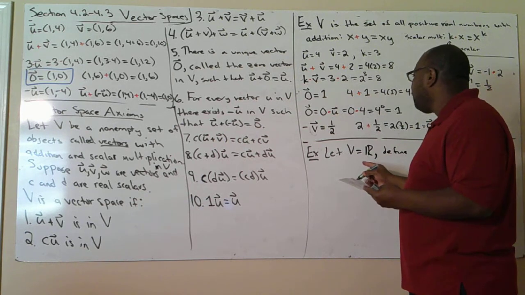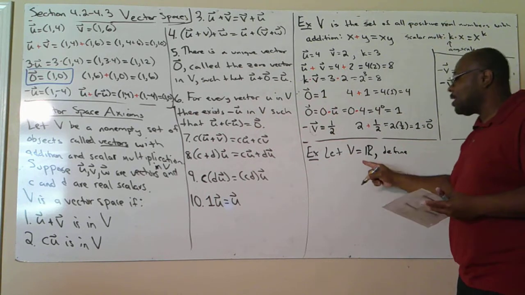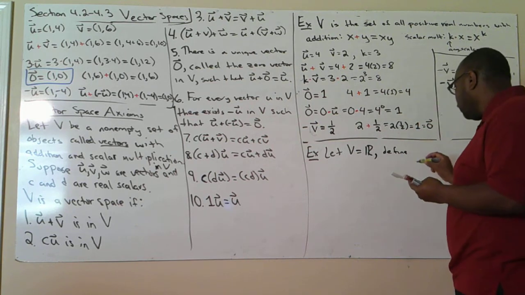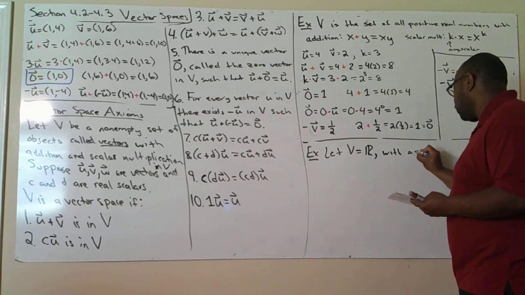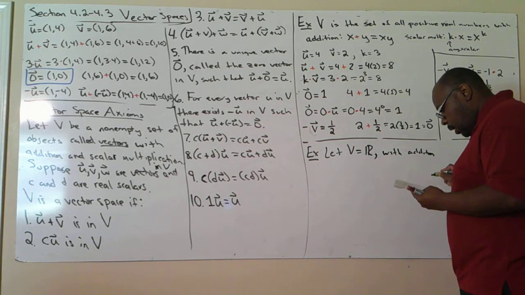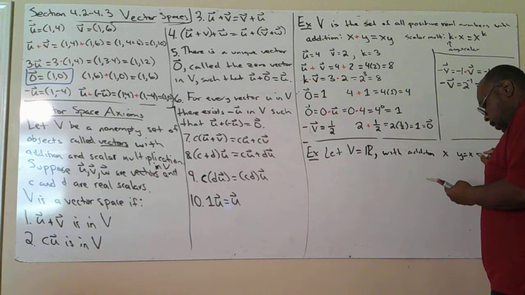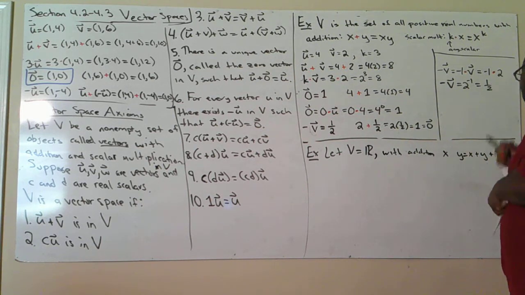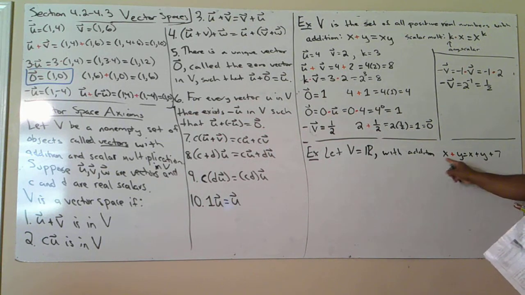So what do I mean by that? So V is a vector space, which is the real numbers. So it's not just all positive real numbers, just any real number. So this V is going to be a set of all real numbers with addition, and my addition is that x plus y is equal to x plus y plus 7.